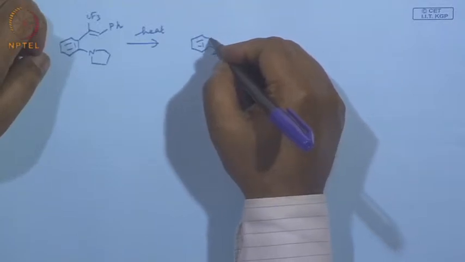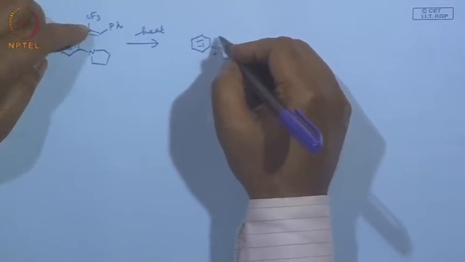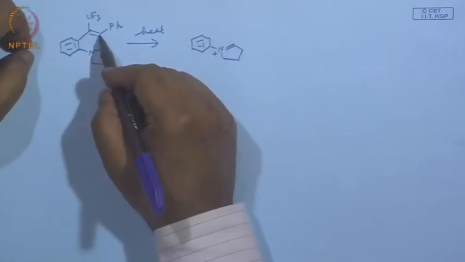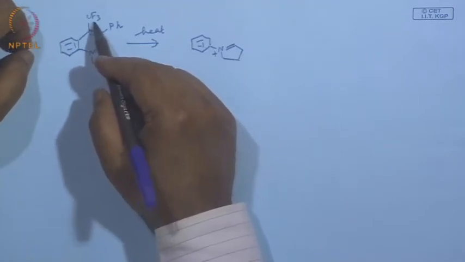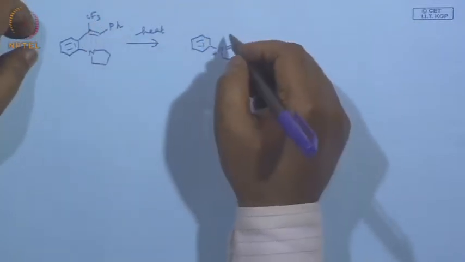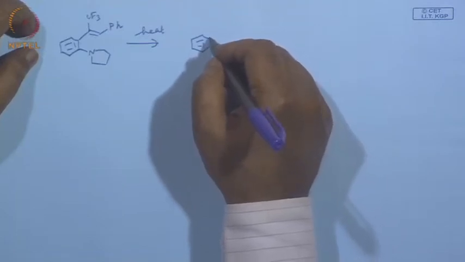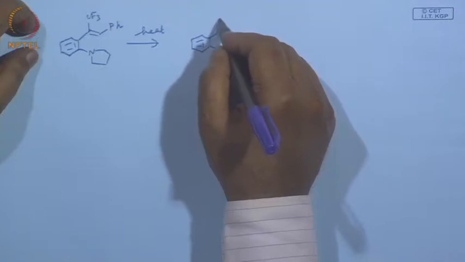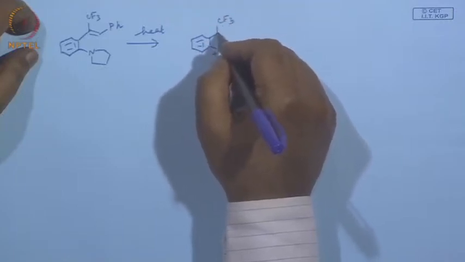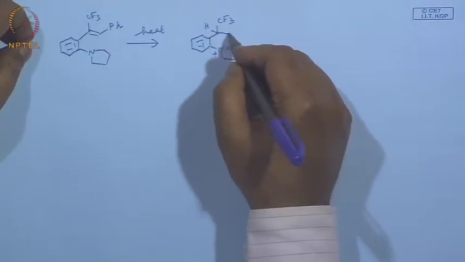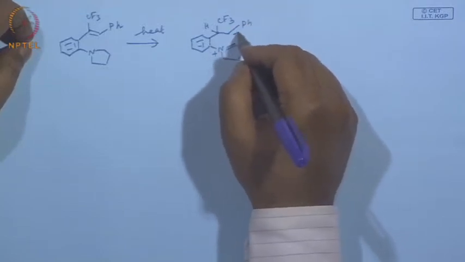But in this case, I mean the carbon attached to this phenyl group should be electron deficient, because CF3 is electron withdrawing, right. But the answer is a different one, and so in this case this hydride is added to the end of the trifluoromethyl group, and then the phenyl gets the negative charge.